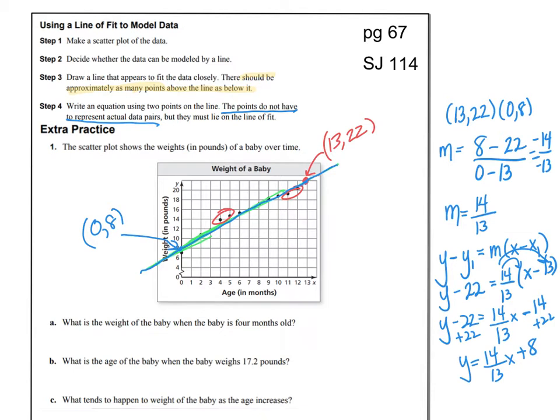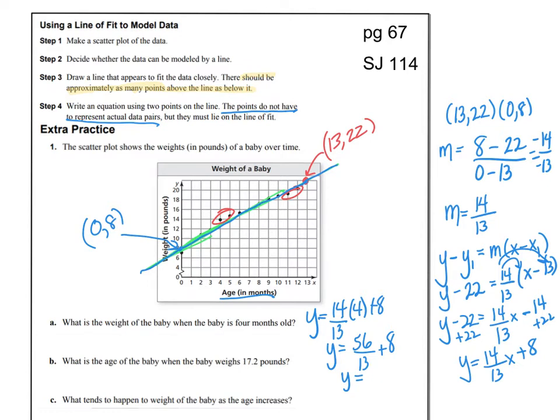Now it says, what is the weight of the baby when the baby is 4 months old? X is represented in months, so I'm going to substitute 4 in for x. So y equals 14/13 times 4 plus 8. Y equals 56/13 plus 8. Y equals, I'm going to find a decimal approximation for that.